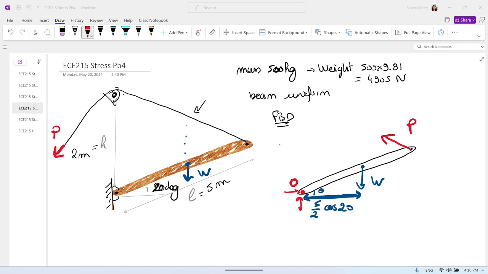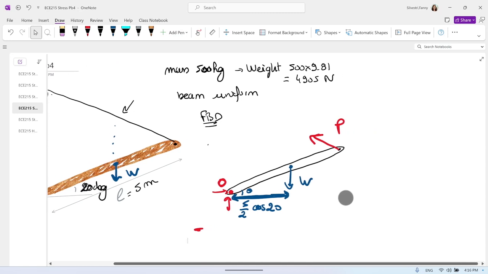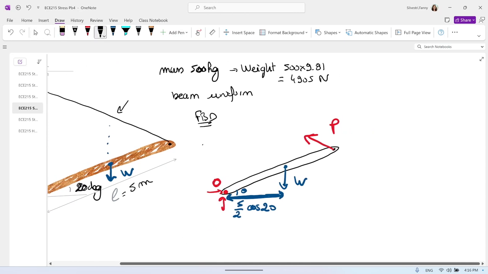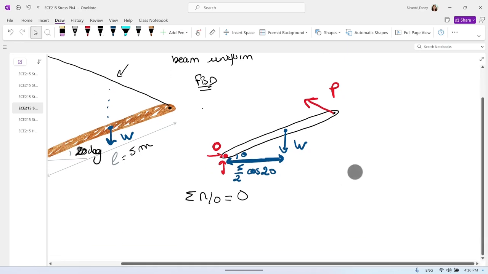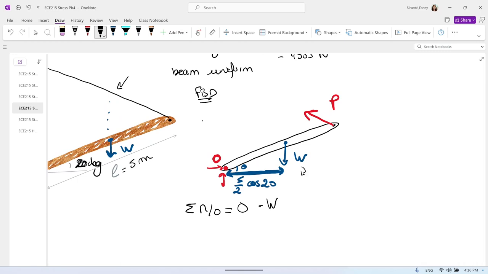And when we do the moment about O equals 0 because it's statics, we will have the weight, minus because it's turning in the negative direction, clockwise, times the distance. And the P is rotating in the positive direction, but we are missing some information there.